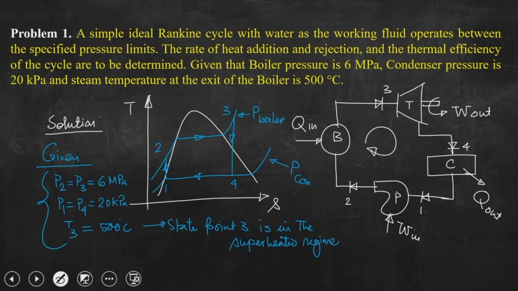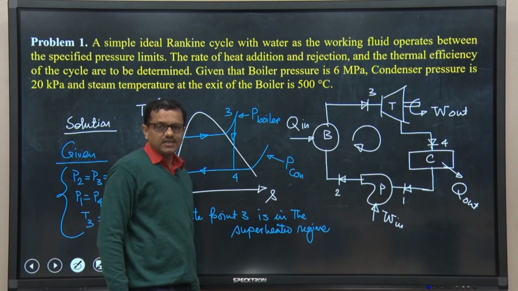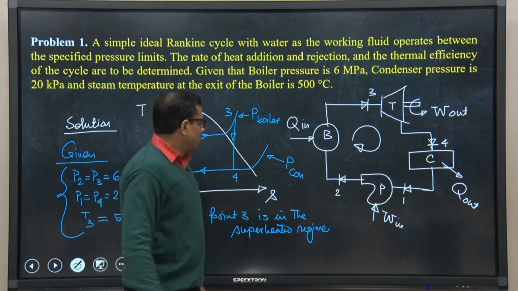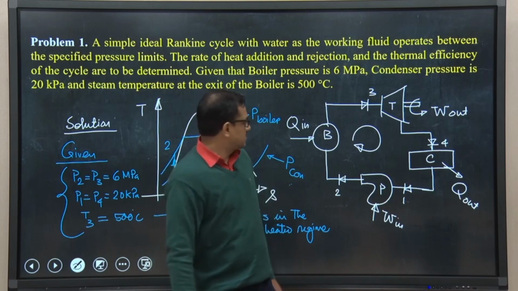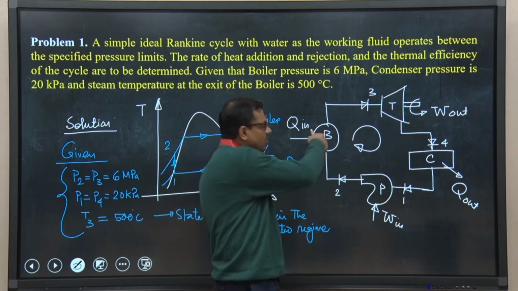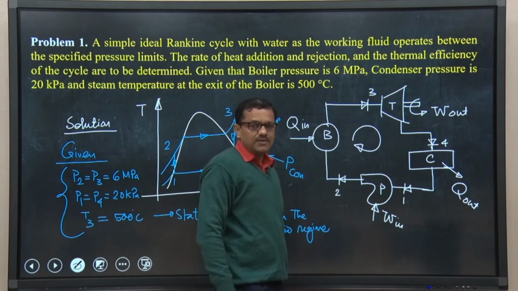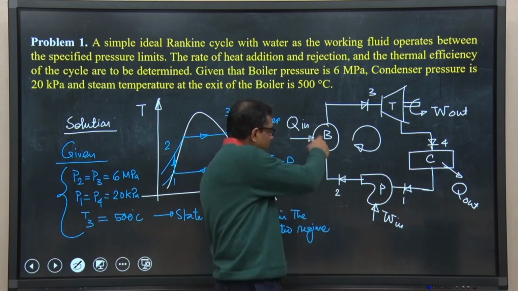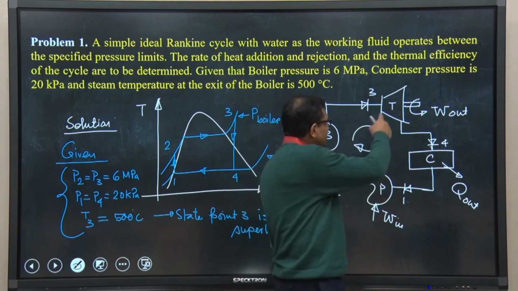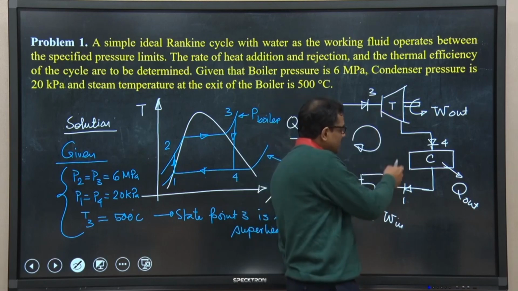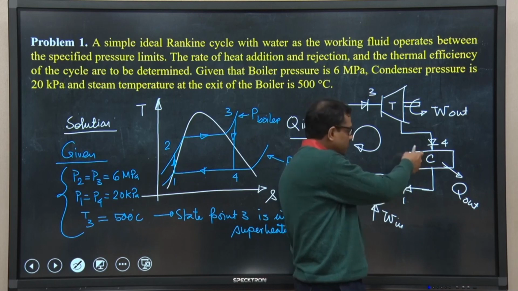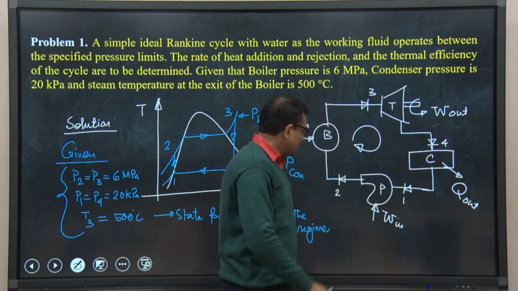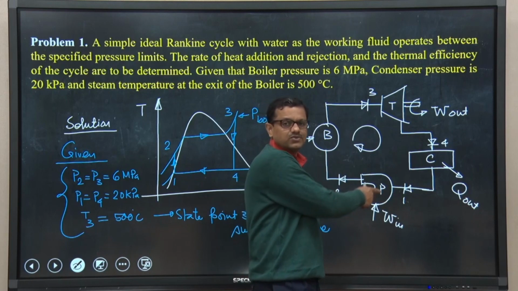Next, we have identified the location of point 3 in this T-s plane. Next, what we need to do is apply the steady flow energy equation that we have discussed across all the components: to the boiler, to the turbine, to the process in the condenser, as well as to the process in the pump.